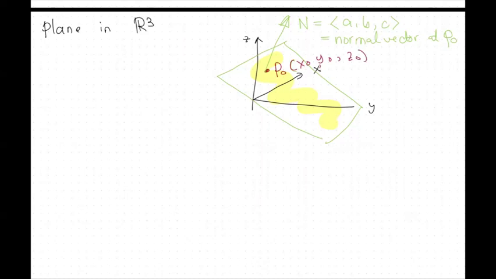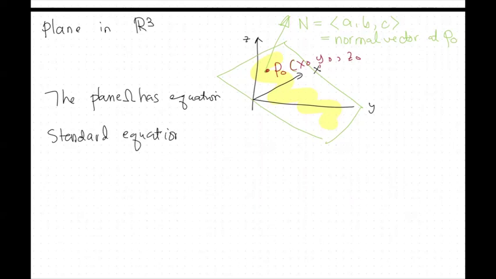Then the plane has equation. This plane omega has equation given by number 1, the standard equation: A(X minus X0) plus B(Y minus Y0) plus C(Z minus Z0) equal to 0.